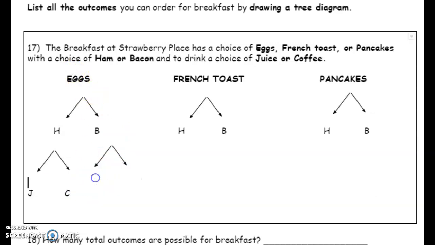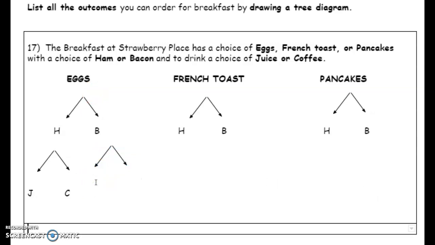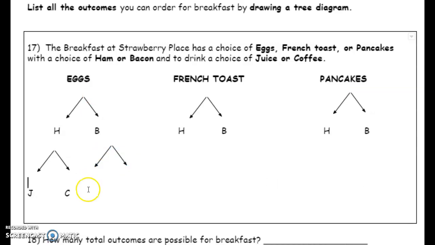And then again, between eggs and the bacon, I know I have a choice of juice or coffee. I know this is not perfectly set up, but it's very difficult to do this through Google Doc. But just to see the way the tree diagram is coming.